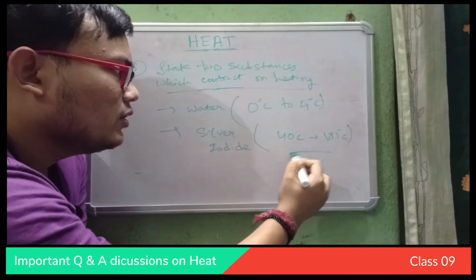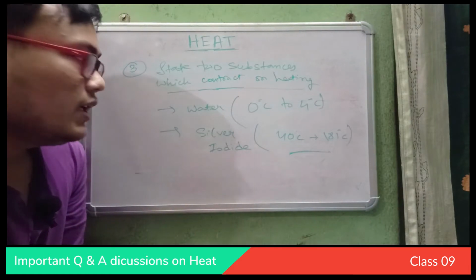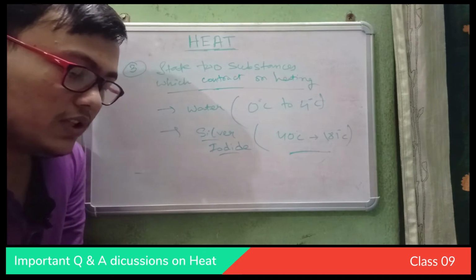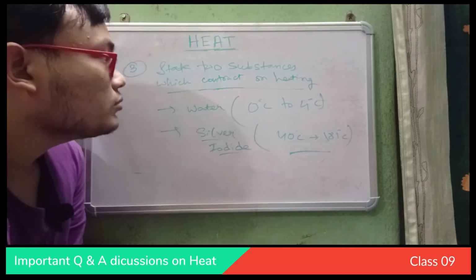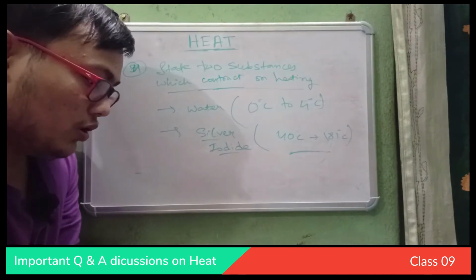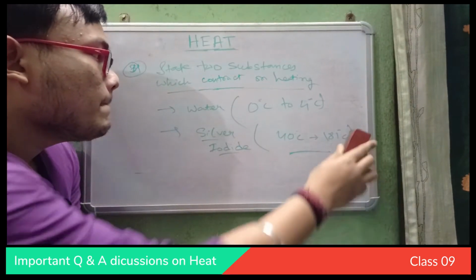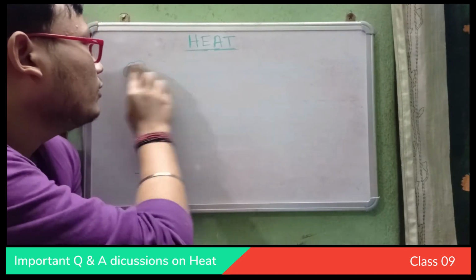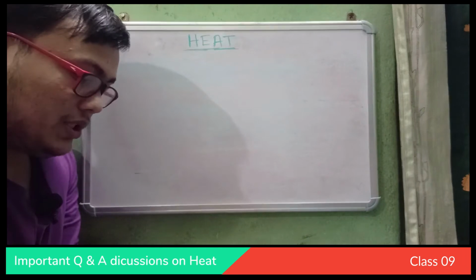So within this temperature range, silver iodide exhibits anomalous expansion. Now this was our fourth question. Now moving on to the fifth question.